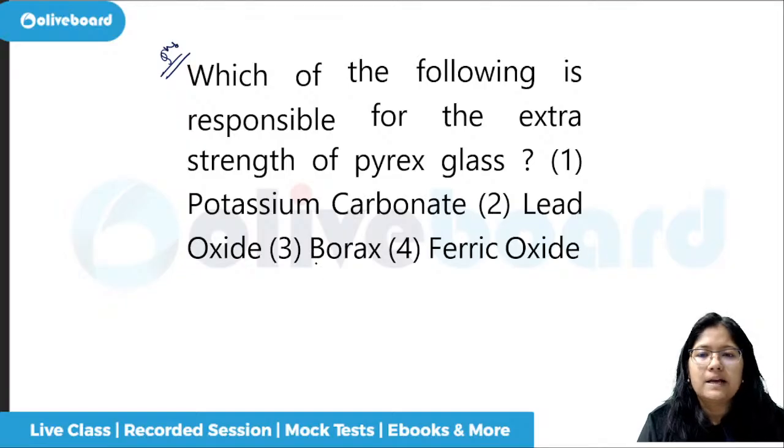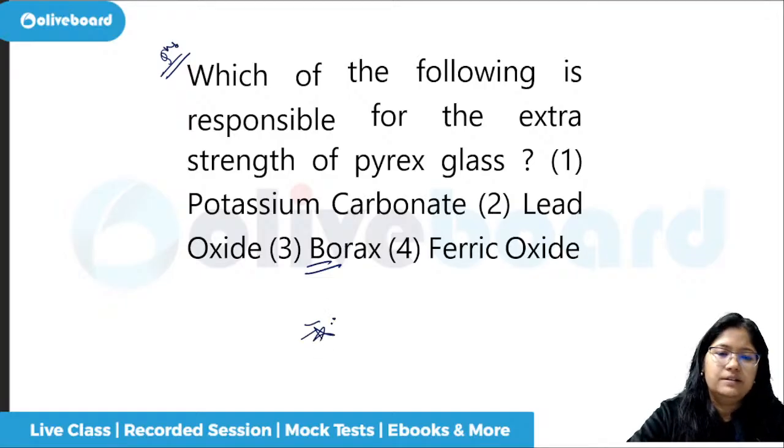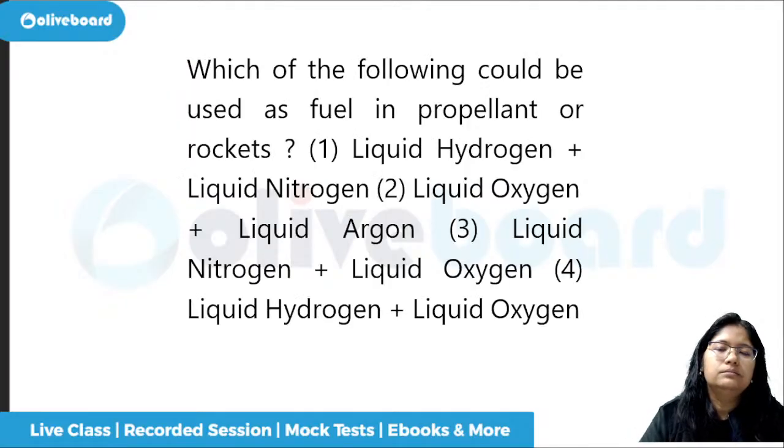So Pyrex glass has extra strength because of what? Is it potassium carbonate, lead oxide, borax or ferric oxide? So what do you find here? You find borax, because of which this extra strength is there. So borax is the correct answer. Read the next question.